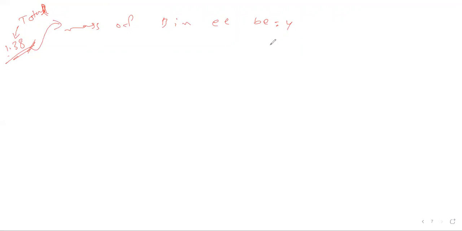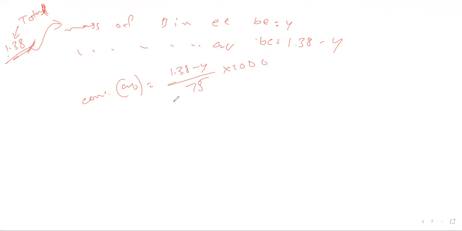So from this 1.38 gram, we get Y from the ethoxyethane part, and 1.38 minus Y from the aqueous part. The volume of water is 75, so the concentration in aqueous is 1.38 minus Y divided by 75 into 1000, and the concentration in ethoxyethane is Y divided by 10 into 1000.